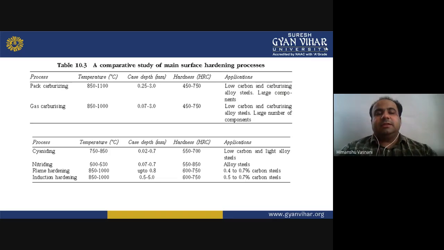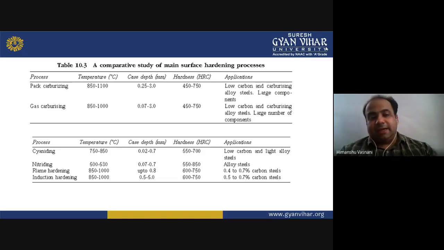Gas carburizing is also at 850 to 1000 degrees centigrade, with a case depth of 0.07 to 3.0 mm and hardness of 450 to 750 HRC. Applications are low carbon and carburizing alloy steels, with a large number of components.